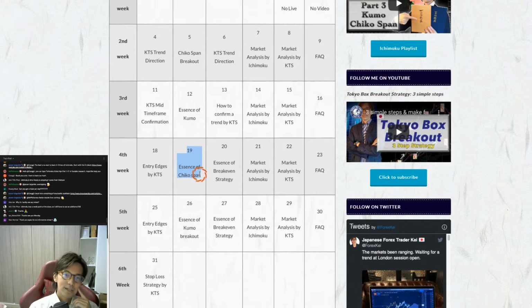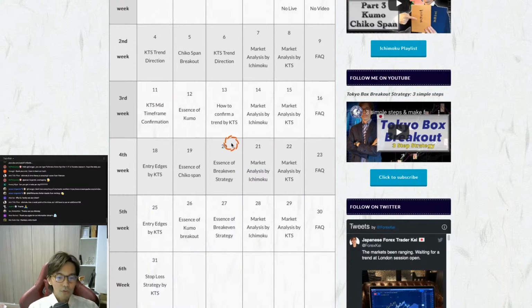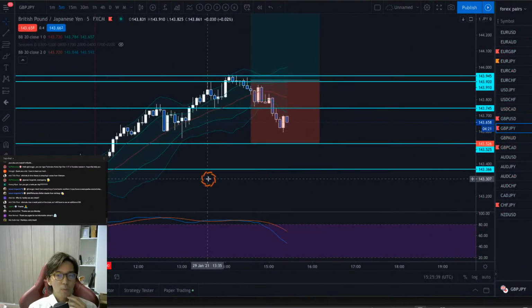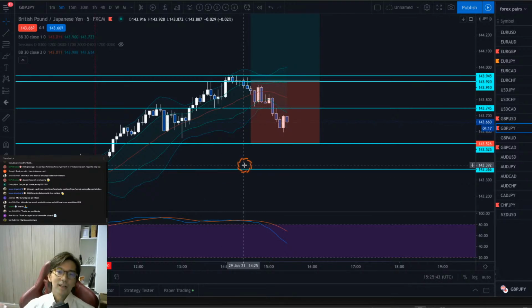So that's why, instead of fixing these topics every day, from February onwards I decided to think about what to talk about on that day before the live stream starts, depending on the market condition, so that it becomes more practical. Sometimes if I see trending markets, trending pairs, then I want to talk about the entry edge.